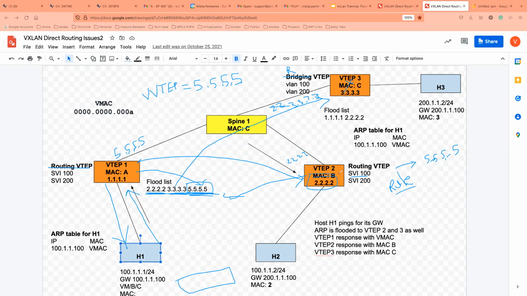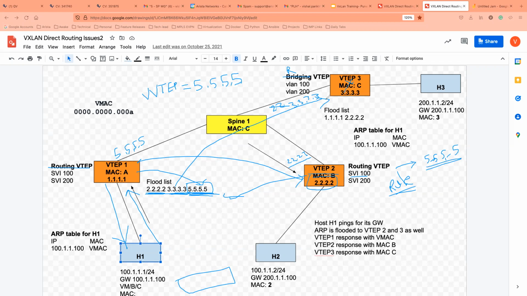Now, if this VTEP receives the ARP request with outer destination IP 2222, will it reply as per this rule? The rule is, if the outer destination IP is 555, then only I will reply. Otherwise not. So VTEP 2 will not reply to the ARP request, because this rule is not met.